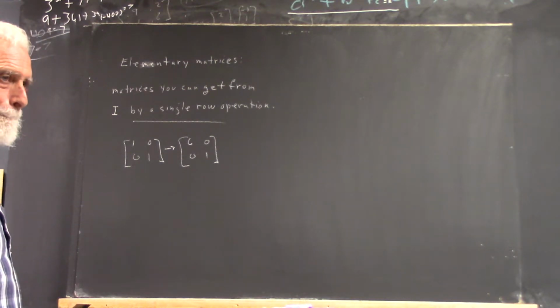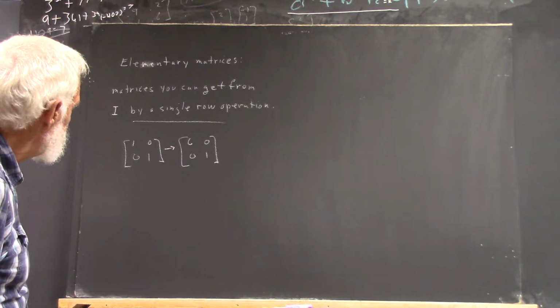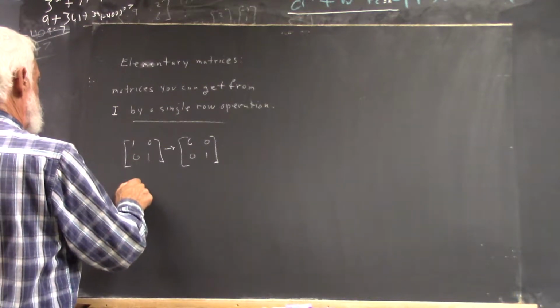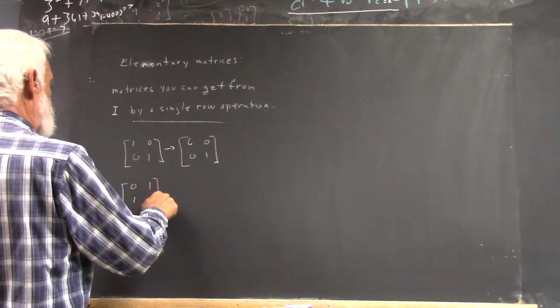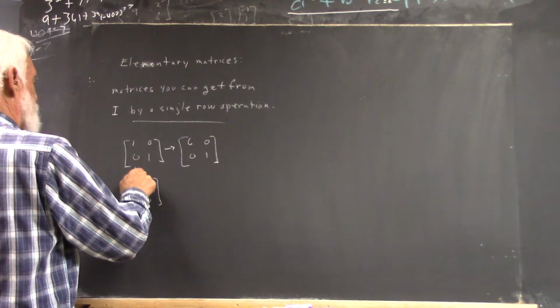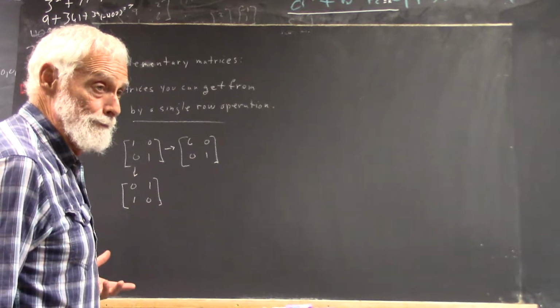Okay? Or it can go to 0, 1, 1, 0 by exchanging 2 rows.